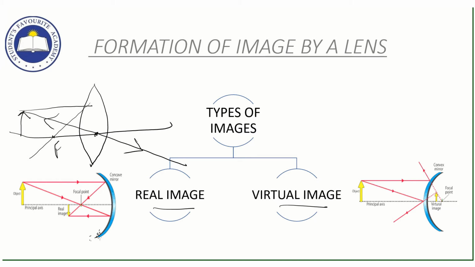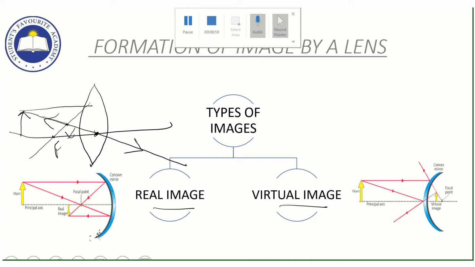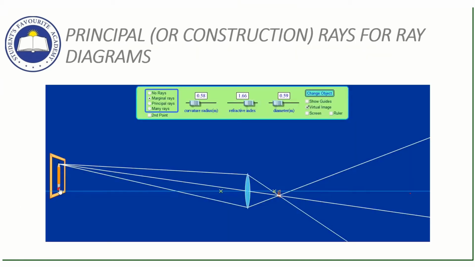Now these two rays meet at this point, so the real image will be obtained somewhere here. Same thing with the lens also. I will show you in the remaining diagrams. Next.